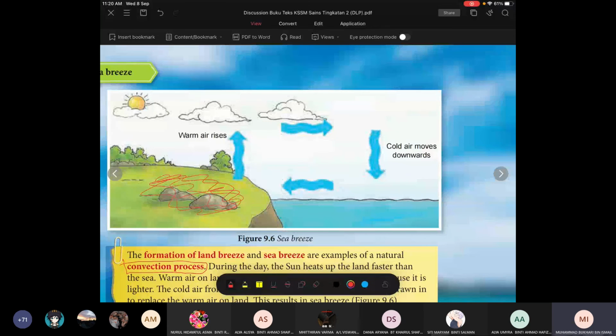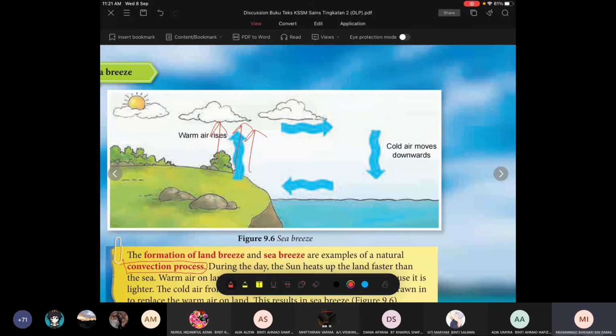So the air above it will be hot also, because land heats up faster than sea. So the air will rise.